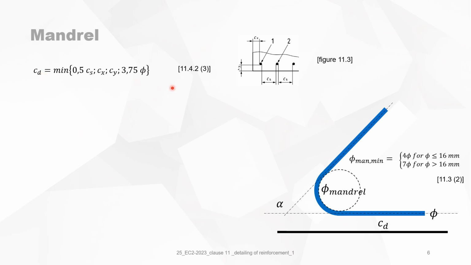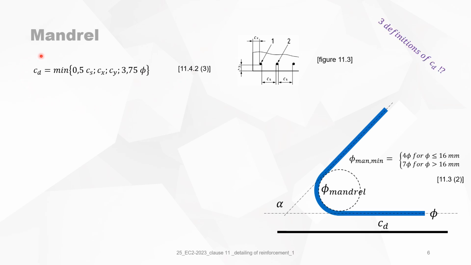It is stated in 11.4.2 paragraph 3 that it is the minimum of half of the clear distance between the rebars, as indicated in this figure, or Cx or Cy indicated here, which is the total concrete cover on the rebar itself in the 2 directions, or 3.75 times the diameter of the bar in question. So it's a minimum of those. That's the definition stated in this paragraph.